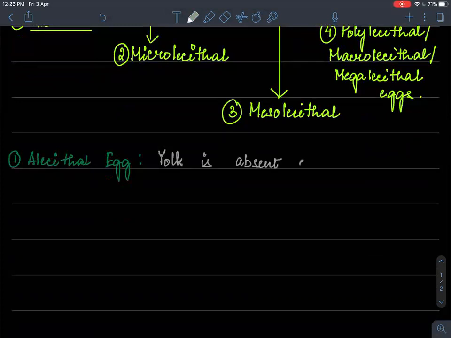As for example, the human egg. Often the question comes: human egg is an example of what kind of egg? It is an alecithal egg.